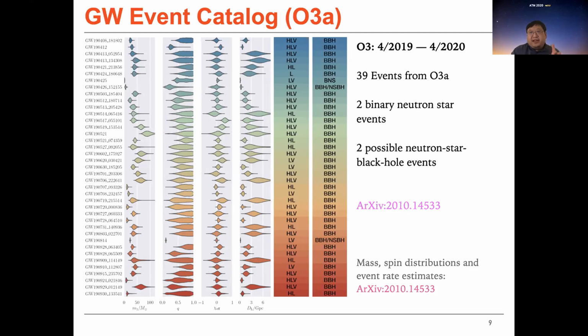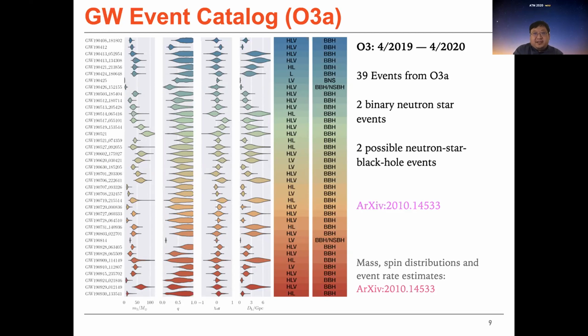So the O3 is the third observation run, which was from April of 2019 to April of 2020. In the first half of the O3 run, the data was released, and there were 39 events released in this catalog.